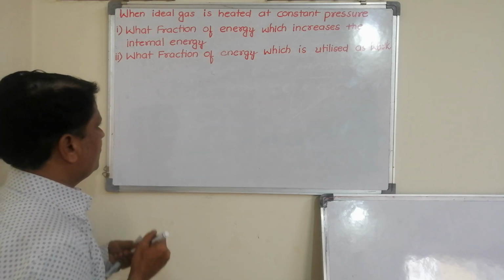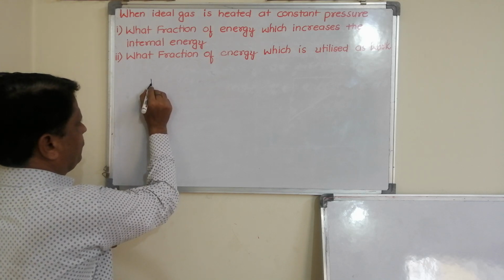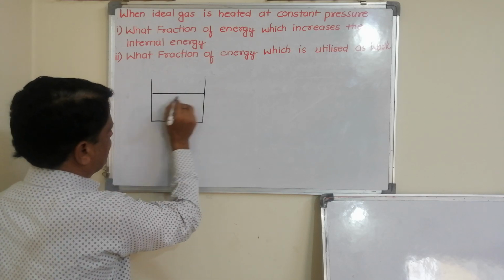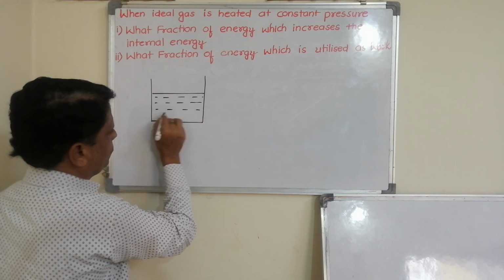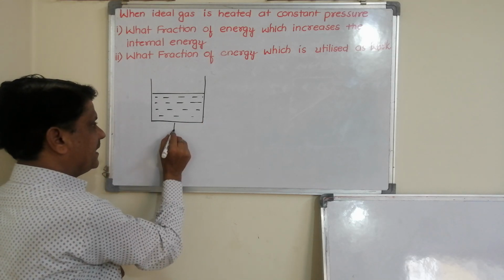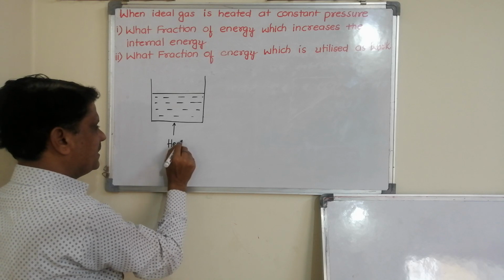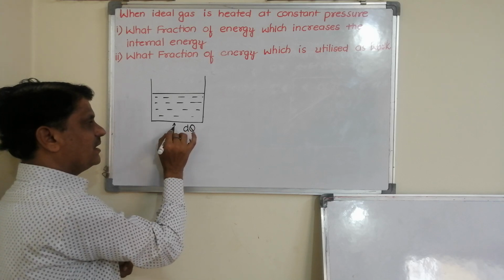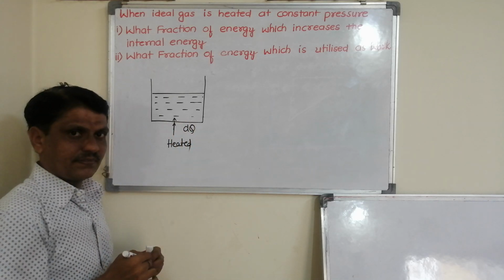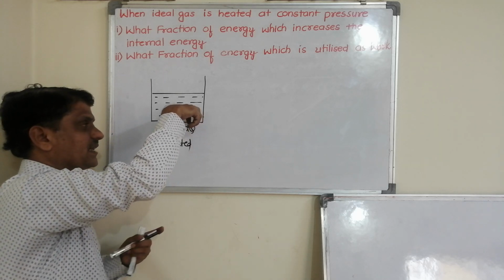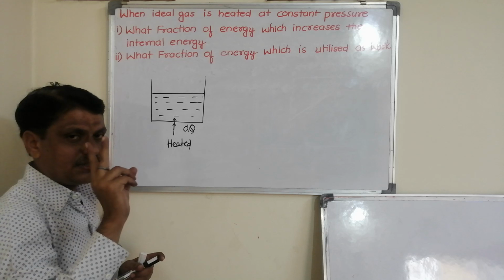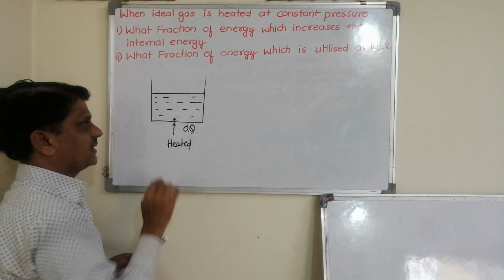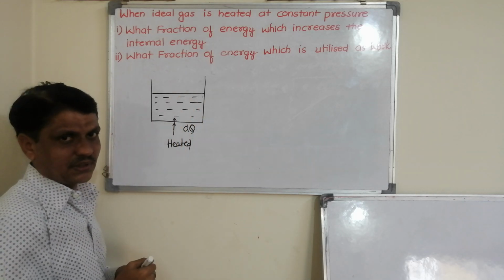In the first law of thermodynamics, we have studied that when a gas, say an ideal gas, is enclosed in a cylinder and heated, the amount of heat energy absorbed by the gas is utilized in two ways: one, to increase the internal energy of the gas, and two, to do external work.